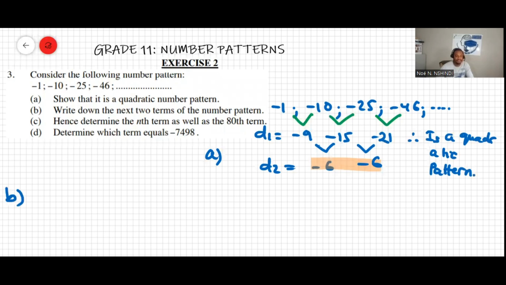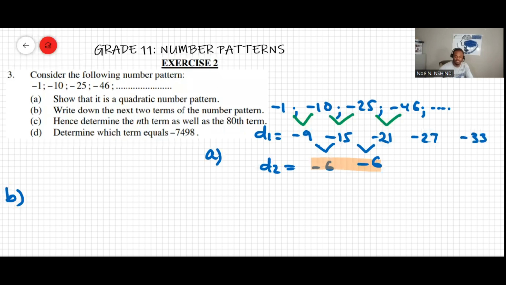Then B, the question says write down the next two terms of this pattern. How can you do that? So we understand that the next term in the first differences will be -27, and then -33.